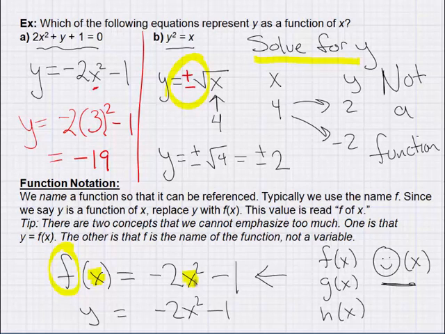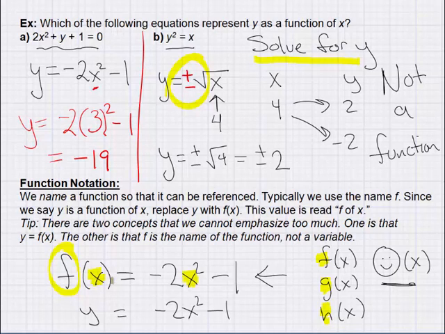It's the independent variable. So when you're looking at function notation, the first letter, f or g or h, whichever ones you use, again, these are the common ones, is the name of the function. So if we have a bunch of functions we're working with, we know which one we're working with at each time: function f, function g, function h.